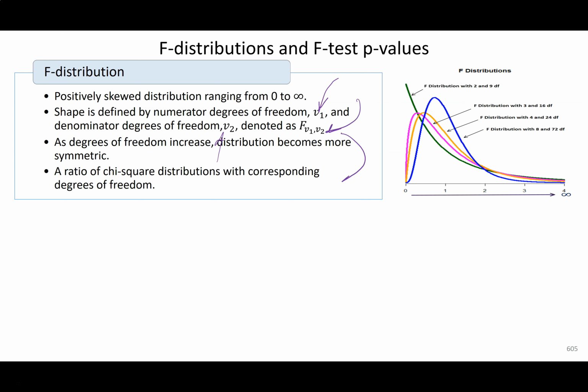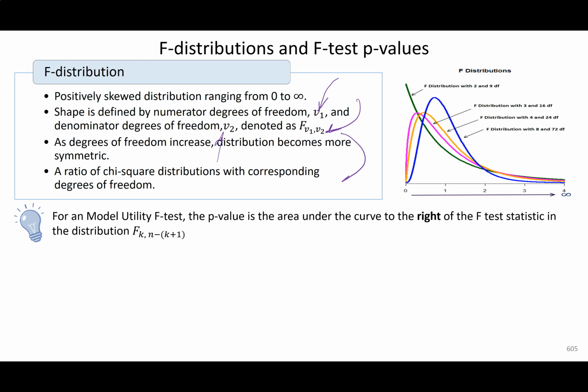As your degrees of freedom get higher and higher, it's going to look more and more symmetric. And it is a ratio of chi-square distributions, which is handy, especially if you go into a master's in stats, but we're not going to necessarily test you explicitly on that.